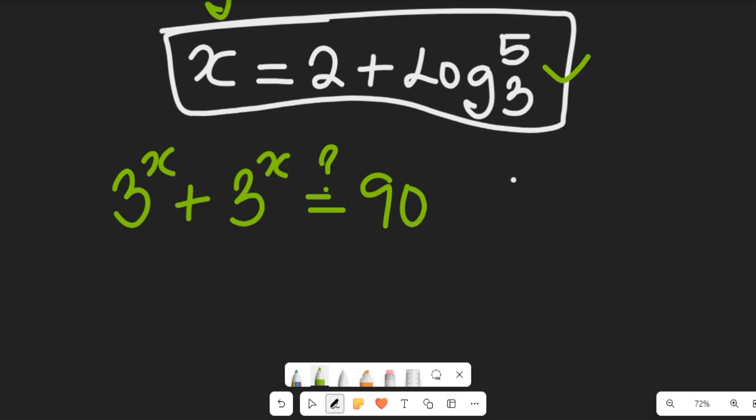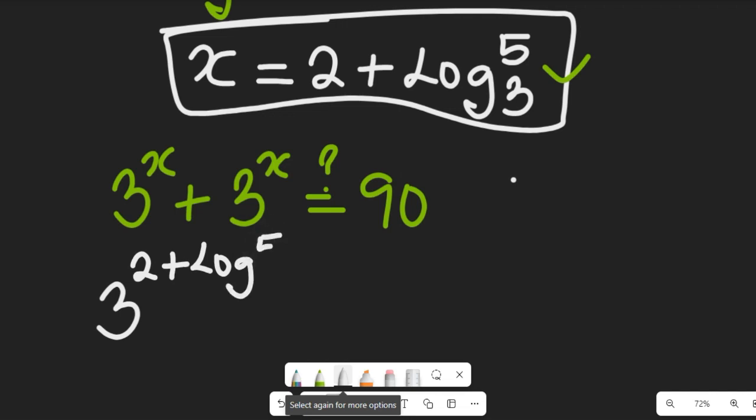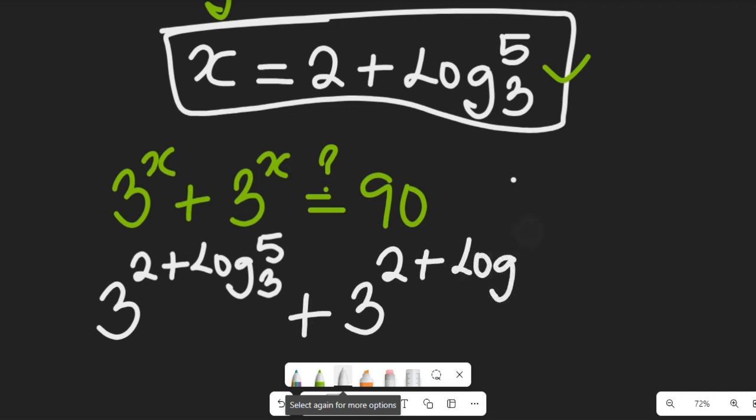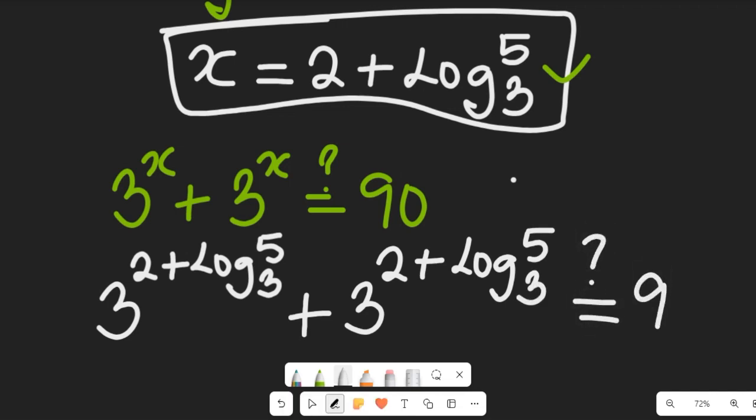So from that expression, we'll have this become 3 to the power of (2 plus log of 5 base 3) plus 3 to the power of (2 plus log of 5 base 3). Will this be equal to 90?